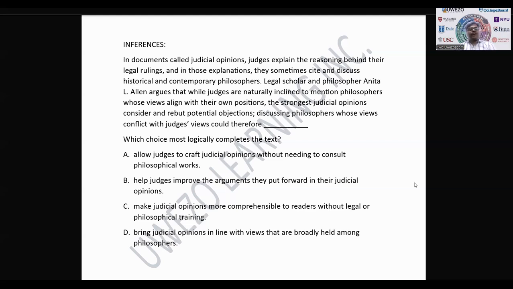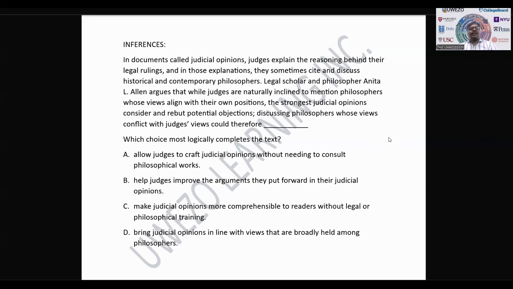So we need to identify what the author of the text, Anita Allen, wants to conclude from this. The first sentence talks about judges using citings from other historical or contemporary philosophers in their ruling. And the second sentence says that the judges use those citings that are matching with their own positions.